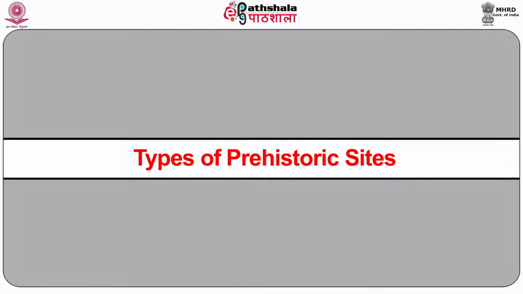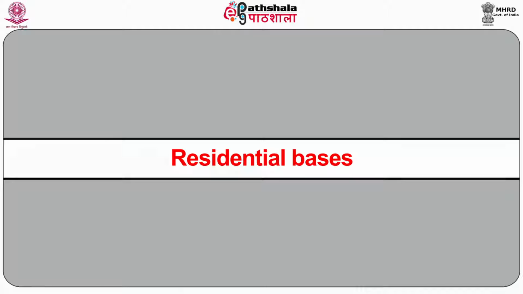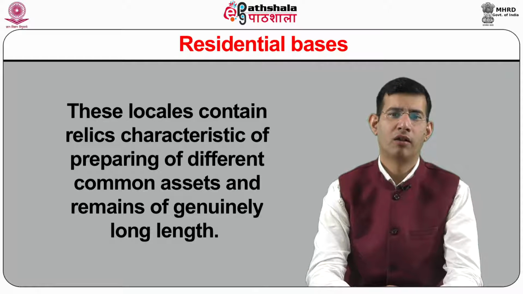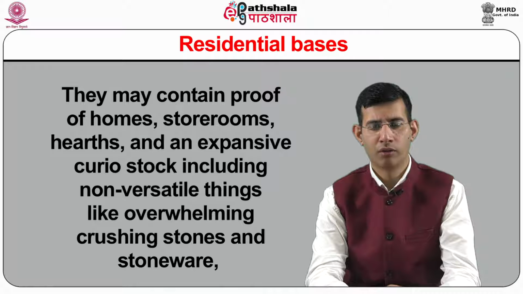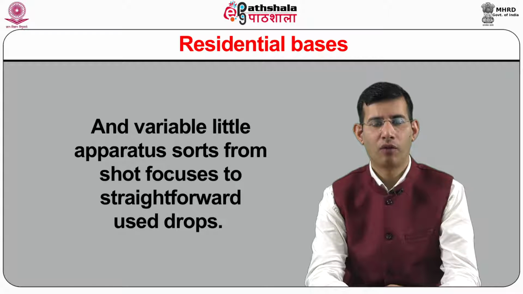Now let us understand the different types of prehistoric sites. Reed et al. in 1986 had identified classes of archaeological site type. Residential bases. These sites contain artifacts, features of processing of different natural resources and remains of fairly long duration. They may contain evidence of houses, storerooms, hearths, and an extensive artifact inventory including non-portable items like heavy grinding stones and pottery, and variable small tool types from projectile points to simple used flakes.